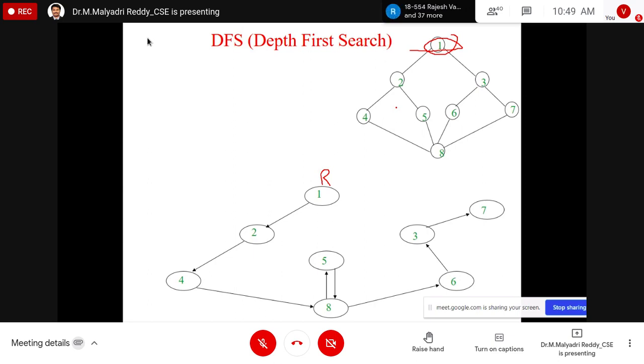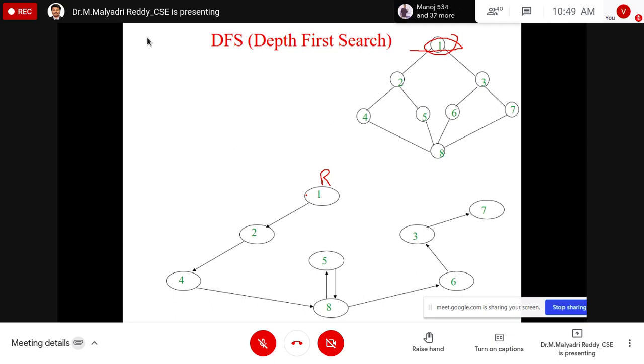If it is a weighted graph, we check which is nearer to the root. If it is an unweighted graph, we focus on the left child as well as the right child, but we have to cover all the vertices.